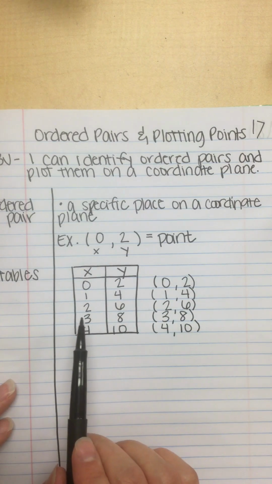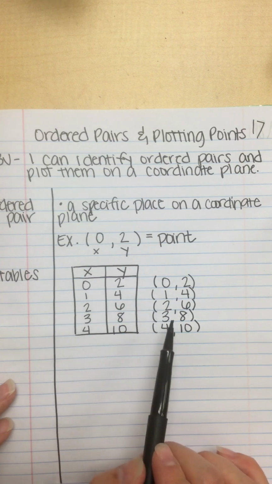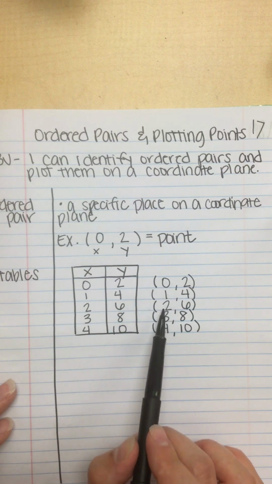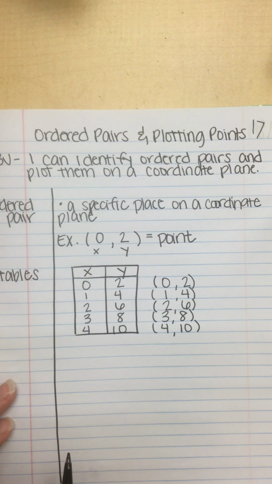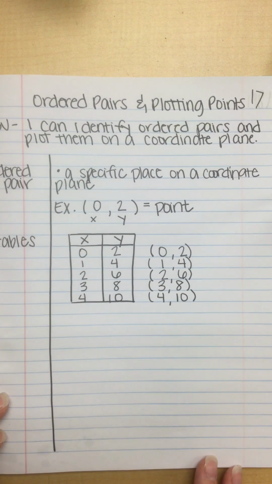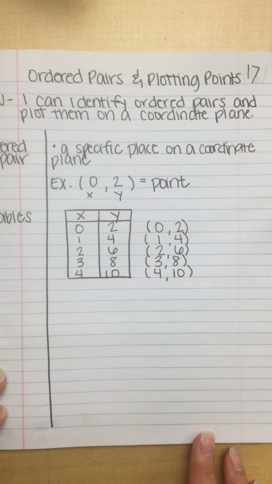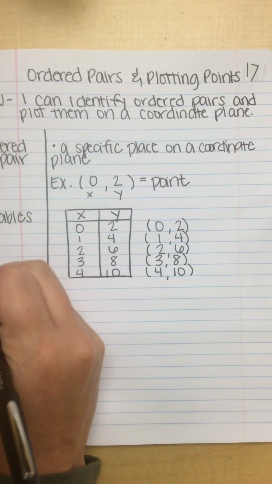So looking at this table, I was able to pull out all of the ordered pairs that are in the table. There are going to be times where you will have to do this as well. Okay, so let's take these ordered pairs and let's plot them on a coordinate plane.